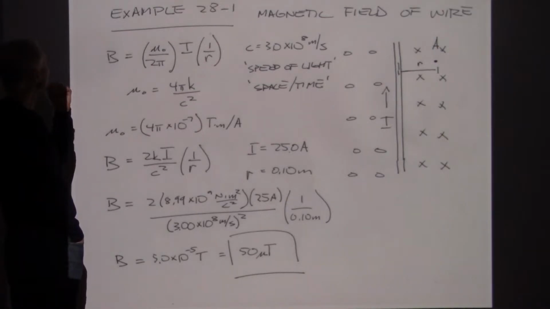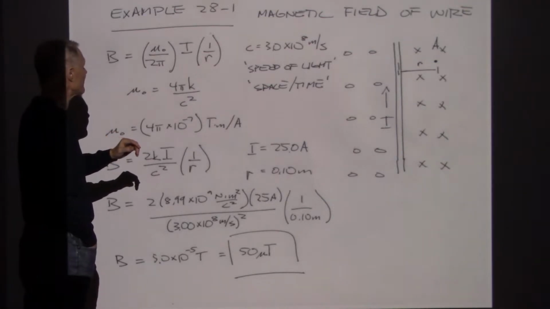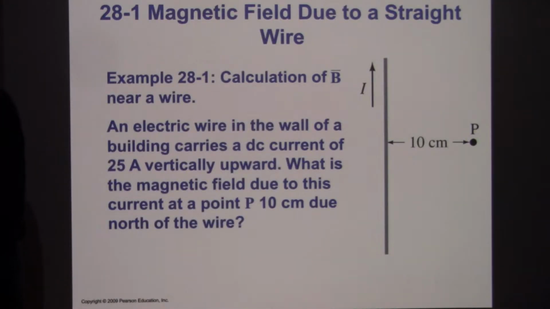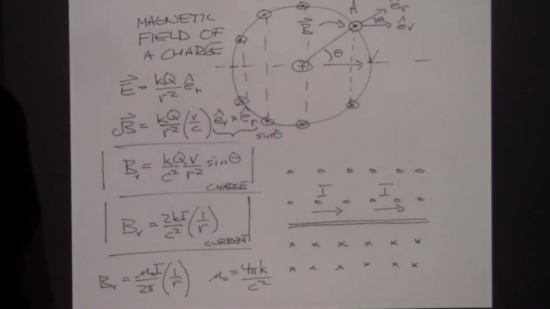All right, here's the example that they gave us. Here it was, 28.1. Now what we did is we took a little bit of a side trip here, and went through and reminded ourselves where these formulas are coming from. It traces back to individual charges.